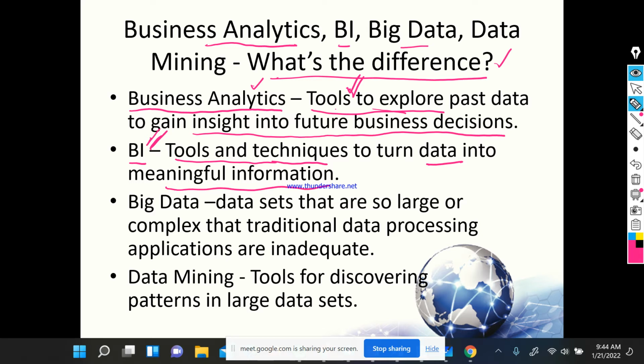BI is generating an output which is meaningful information, and BI needs business analytics as part of generating it. Finally, big data means a data set so large and complex compared to traditional data sets. And data mining is a tool for discovering patterns in large data, discovering knowledge from the data. Any questions that come to your mind?